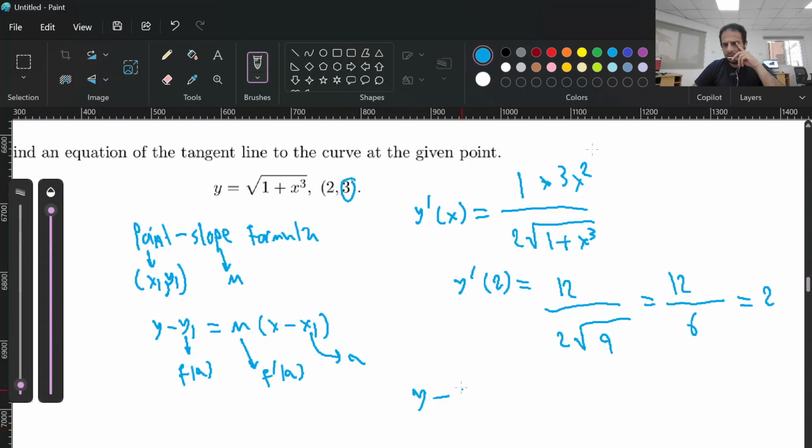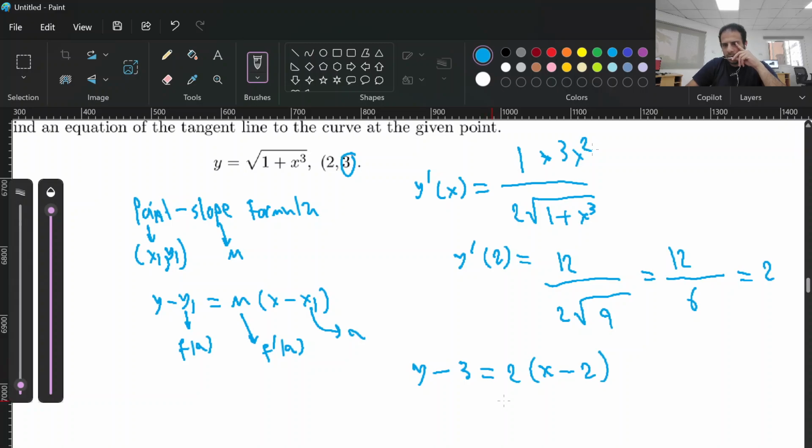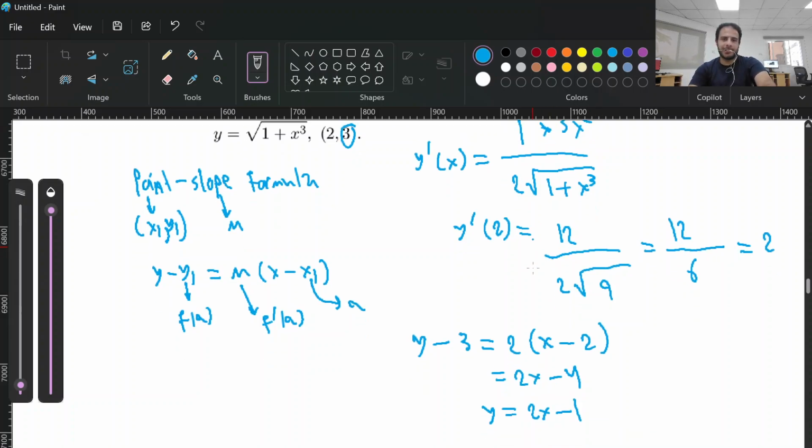It's y minus 3 equals 2 times x minus 2. And if you want to simplify as you like, this equals 2x minus 4. Then you move plus 3 to both sides, y equals 2x minus 1. Good? Yes. Thank you.